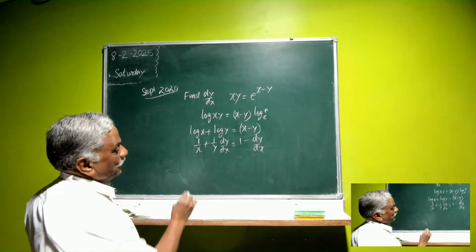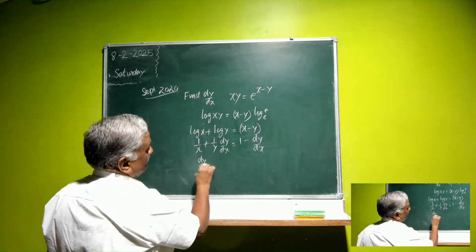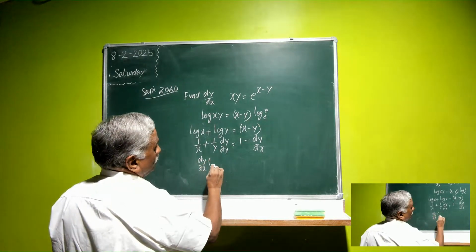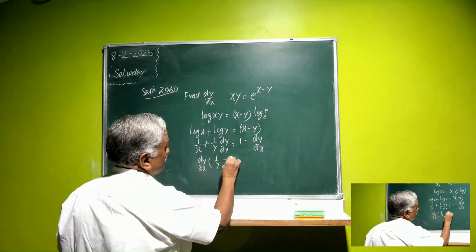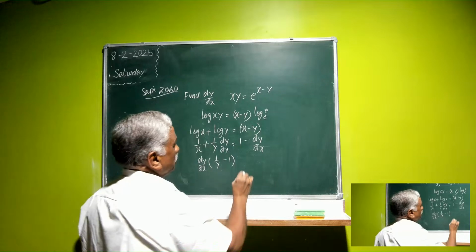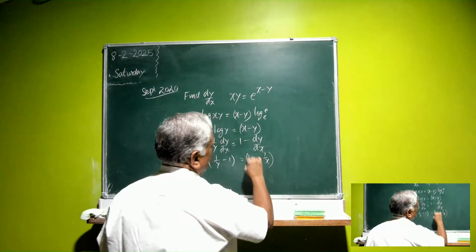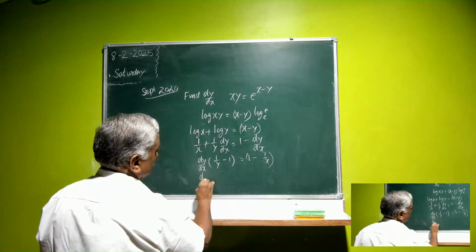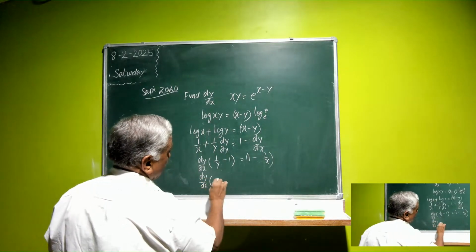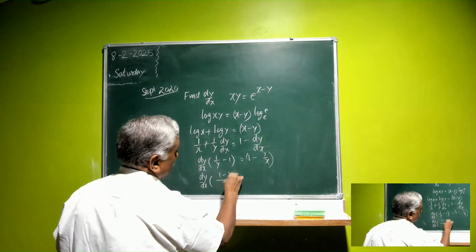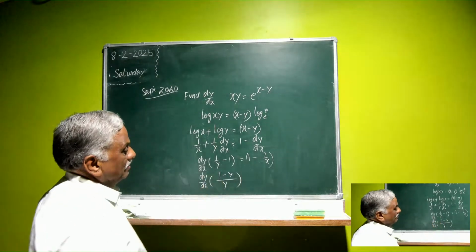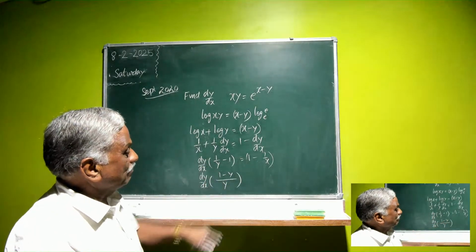Let us group it. dy by dx into (1 by y minus 1) is equal to 1 minus 1 by x. Let us take LCM. Dy by dx into (1 minus y) by y. Sorry, when you take LCM, 1 minus y by y.